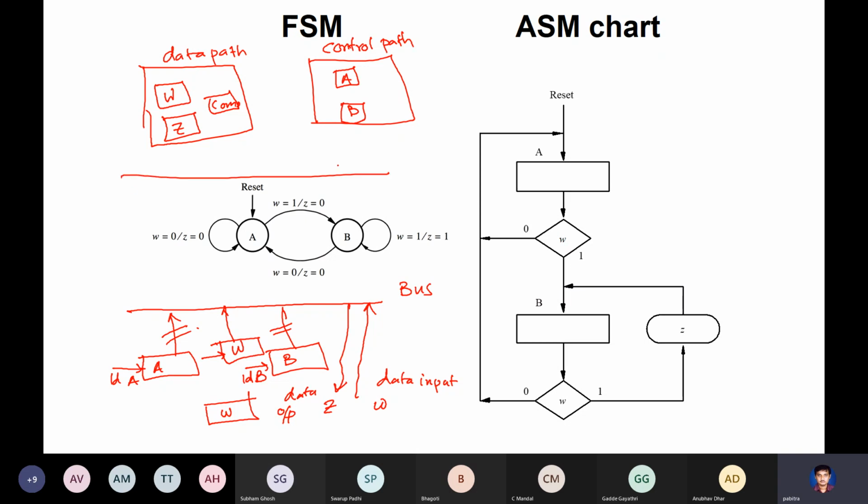Suppose I have external input W and external output Z.